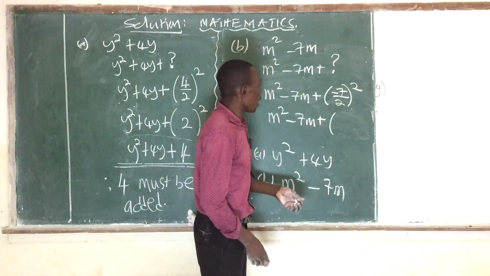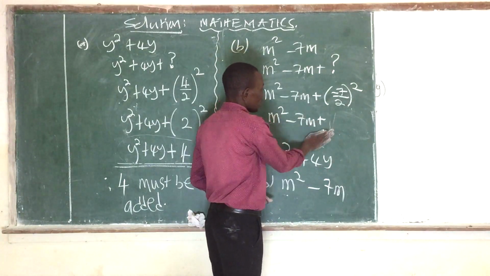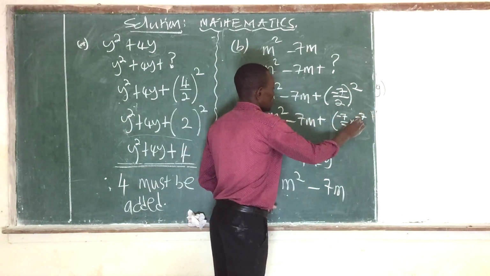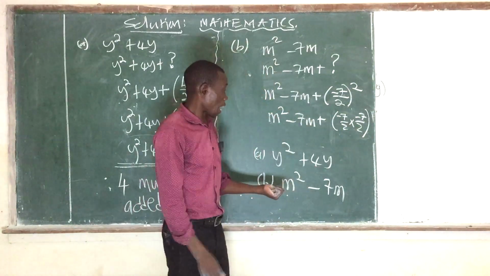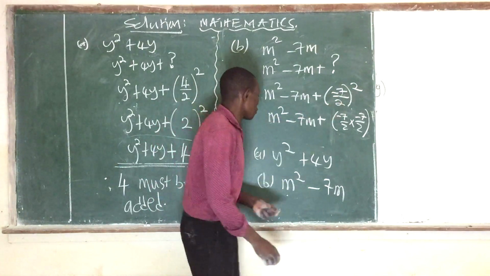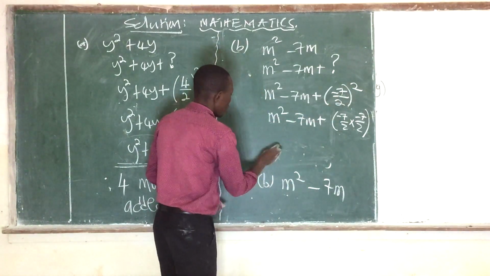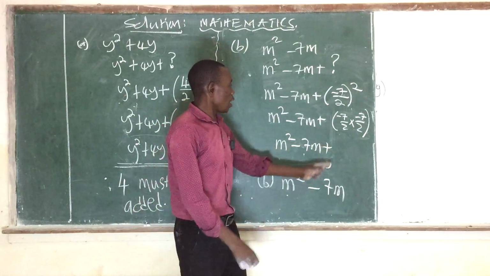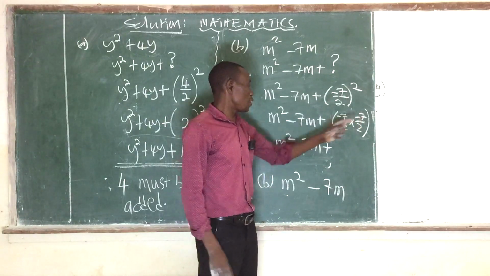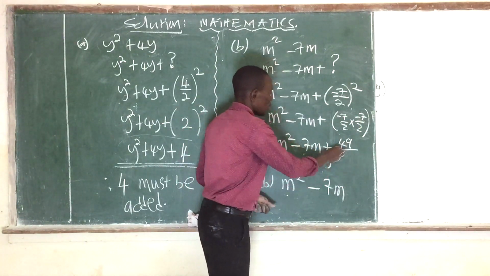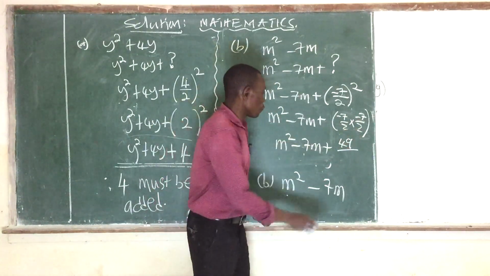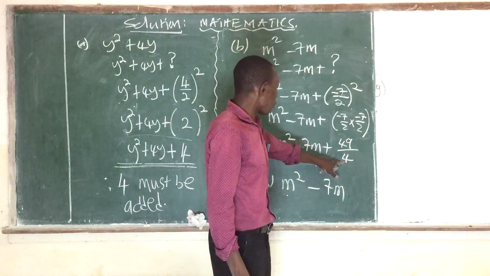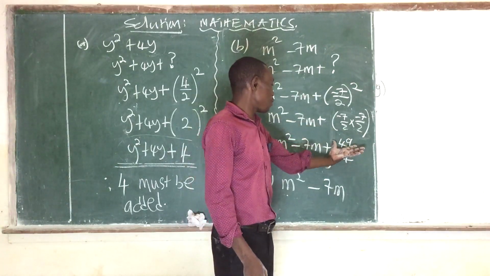Squaring the whole of this simply means negative 7 over 2 multiplied by negative 7 over 2. No problem with that because it's squared. So we have here m squared minus 7m plus negative 7 multiplied by negative 7, you have got 49. Then 2 multiplied by 2, you have got a 4. If you wish, you can divide the 4 into 49, or you can leave it like that.